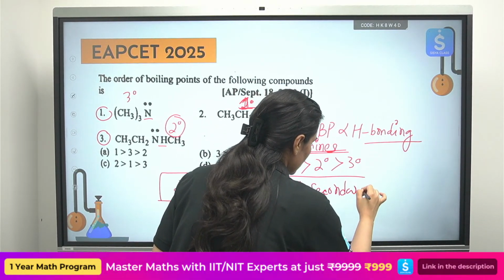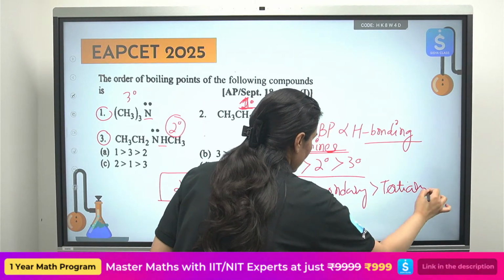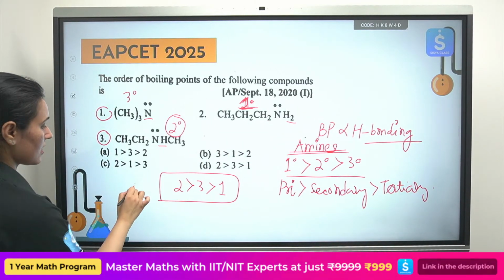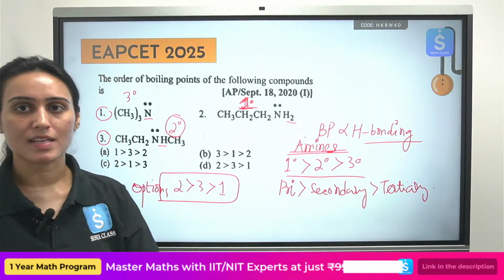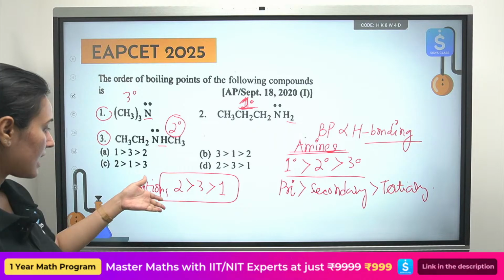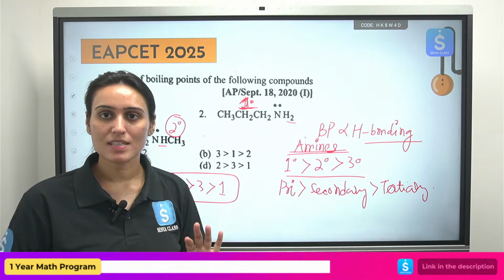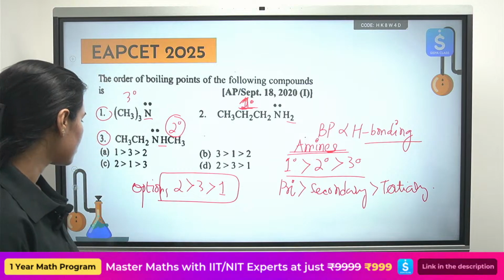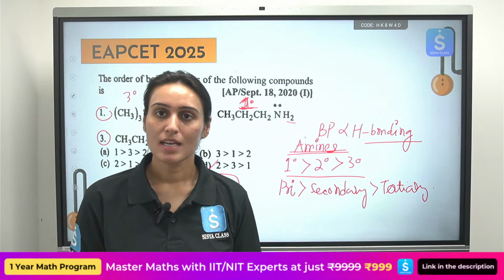Don't get confused between the two. These are the options I have written. These are not the type of amines, where one time I am saying primary, secondary, tertiary, the other time I am writing secondary, tertiary, primary. No, these are the options which are mentioned in the question. I am writing them here. So it is 2, 3, 1. Option D. See the next question.